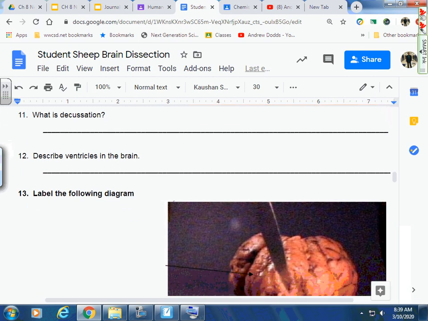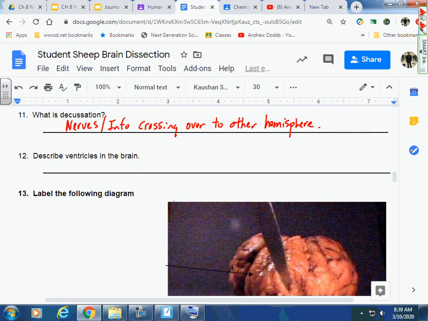Okay, decussation is nerves or info crossing over to the other hemisphere of the brain. You see some questions and labeling about ventricles.